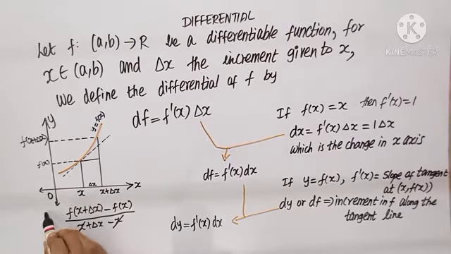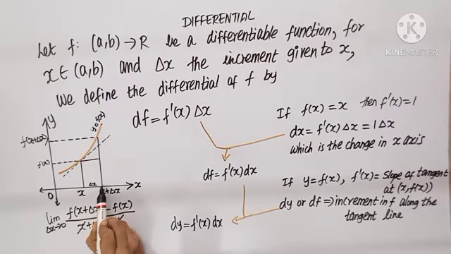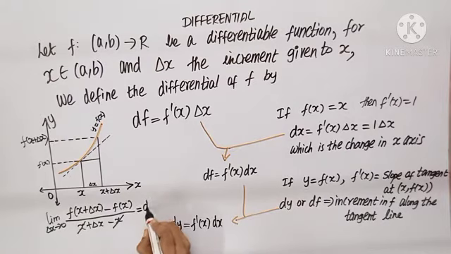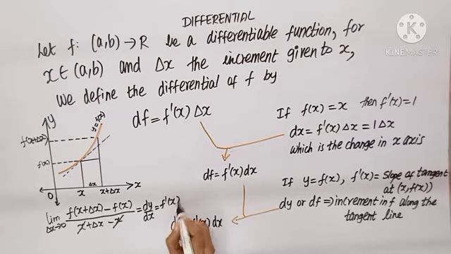When limit del x tends to 0, that is this point almost coincides here. Del x tends to 0. This idea we call dy by dx, or I can say f dash of x.